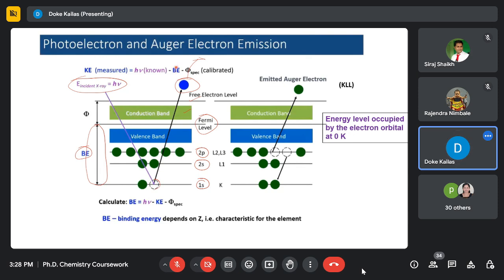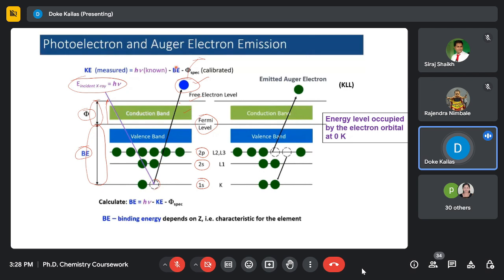And every instrument requires some energy to transport the electron from the Fermi level to the free electron level or vacuum level. How much energy is utilized from the incident X-ray? That energy is nothing but the work function of the instrument. And the rest of the energy is carried along with the photoelectron, which is called the kinetic energy.